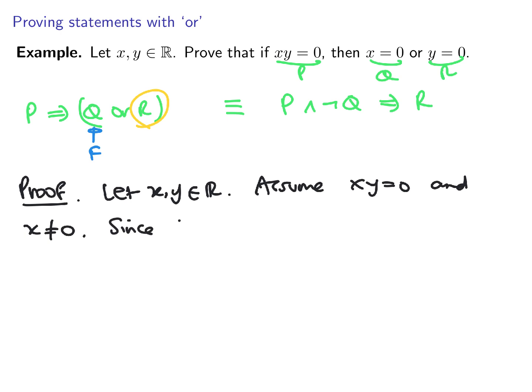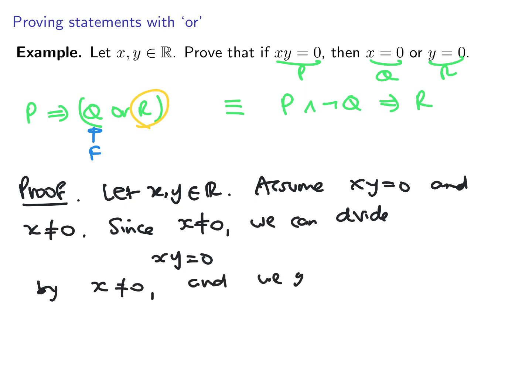Okay, since x is not equal to 0, we can divide xy equals 0 by a non-zero number, and we get y equals 0. And we are done with the proof. Okay, so again, how do you prove P implies Q or R? Assume P and not Q, and then show that R holds.